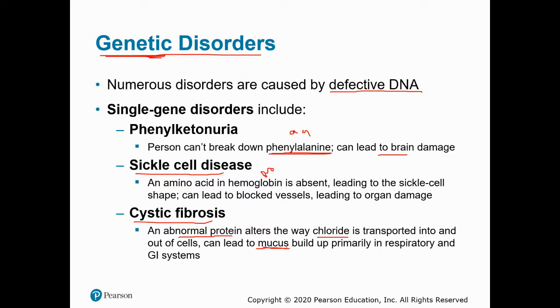And so that can start to like clog and back up some of these organs. So we can see pretty intense respiratory distress. That's one system where we see really important mucus production, and also the gastrointestinal system. So you can see issues of the GI and respiratory system. Those two are most affected by cystic fibrosis. So 3 examples of genetic disorders. Again, genetic disorders meaning poorly produced proteins, basically.